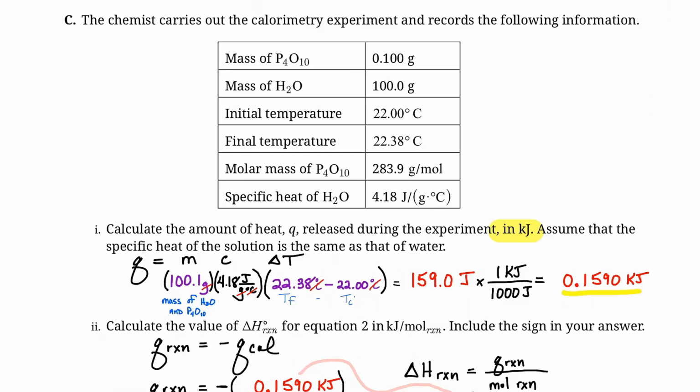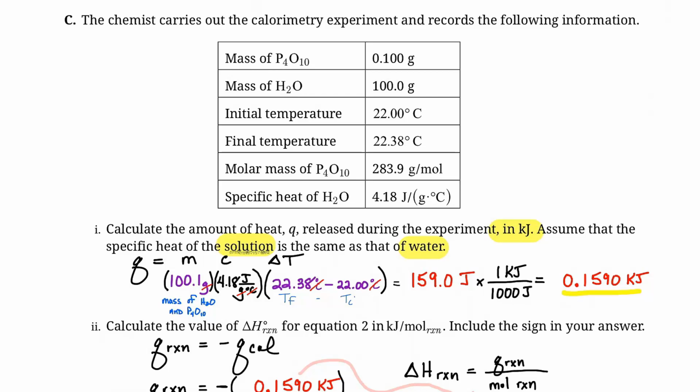Easy to miss that. Also, they said assume the specific heat of the solution is the same as that of the water. Oh, that's a really important hint, because now we're dealing with the Q of a solution, which means we're going to use our thermal equation, Q equals mc change in T, but we are going to understand that's going to be the mass of the solution that's occurring in the calorimeter.